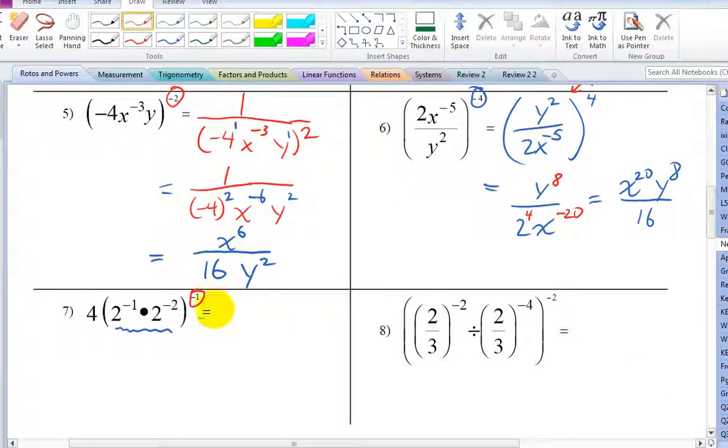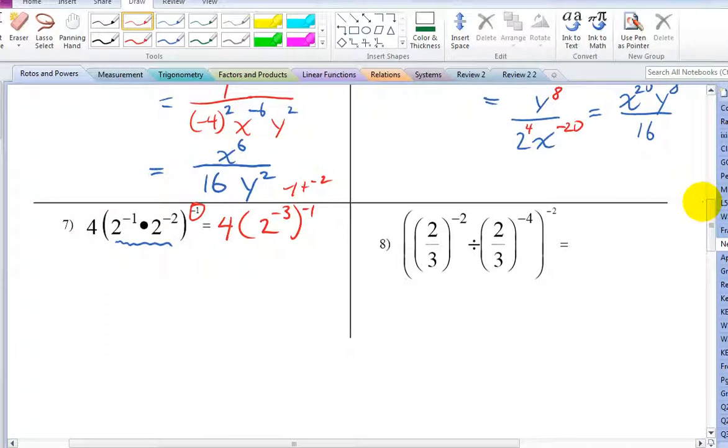Okay, so for me, I went 4 exponent 2, and I went -1 plus -2 gives me -3, all to the -1. Now, I could have flipped, but I didn't want to. You know why? Because I decided to apply the multiplication rule first. And so I get here 2 exponent positive 3. Okay.